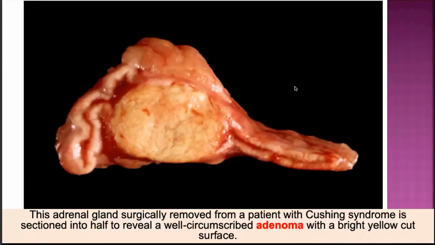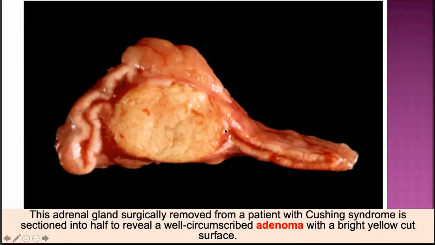This is an example of the adrenocortical tumor or adenoma. We can see here a very nice, well circumscribed tumor arising from the cortex. Here the cortex, the yellow one, continues forming a mass here.